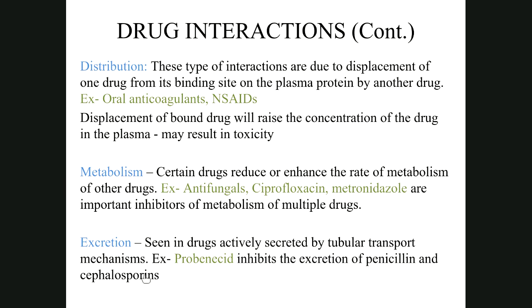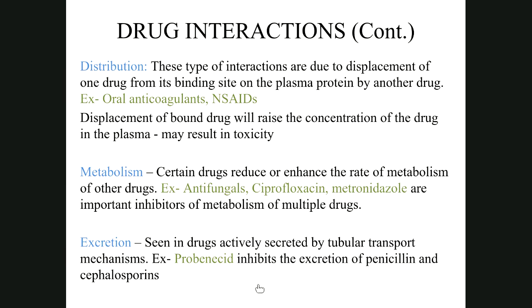So if penicillin and probenecid, or probenecid and cephalosporins, are given together, then probenecid inhibits the excretion of penicillin and cephalosporins. So they remain in the body for a longer period of time and they can accumulate or produce other side effects. These are the pharmacokinetic drug reactions.